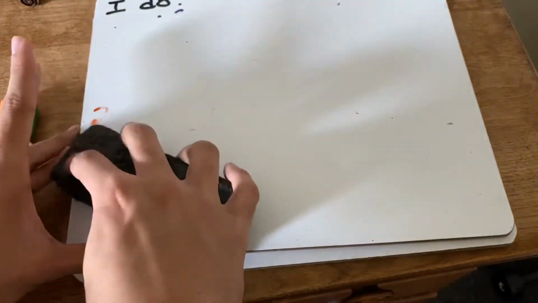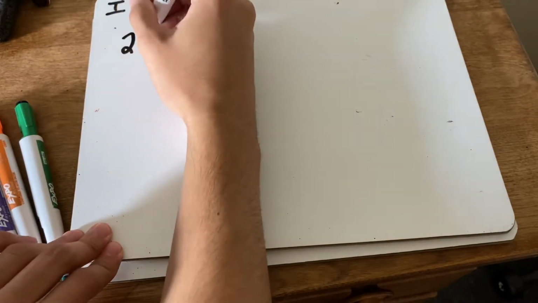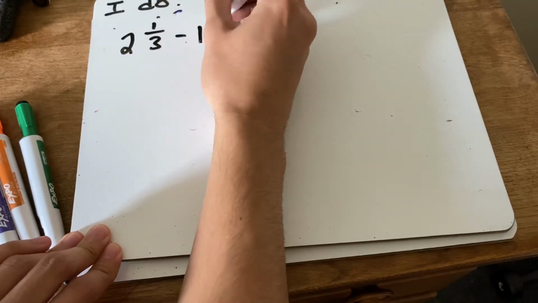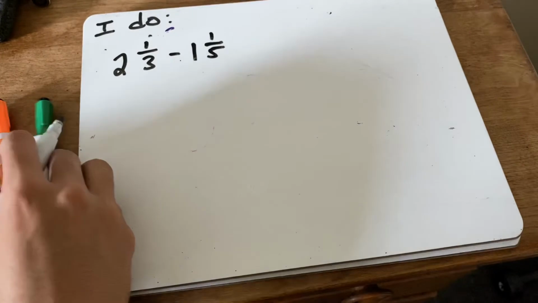Let's go ahead and try 2 mixed numbers. Let's see, let's go ahead and try this one. 2 and 1 over 3 minus 1 and 1 over 5.